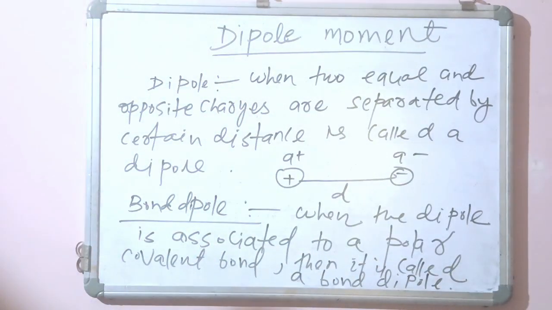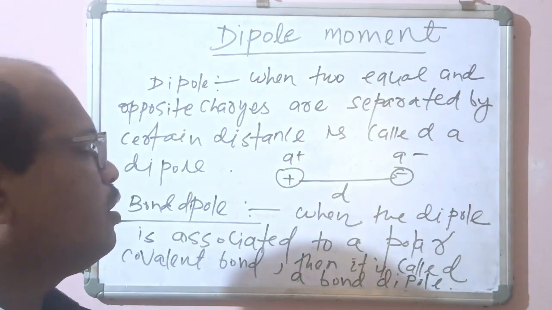When the dipole is associated with a polar covalent bond, then it is called a bond dipole.